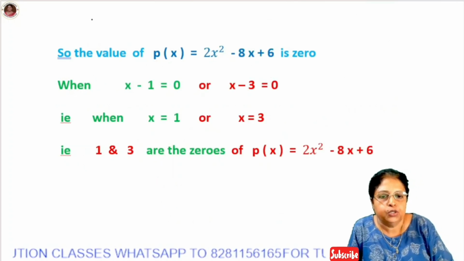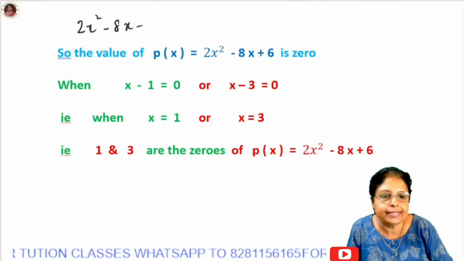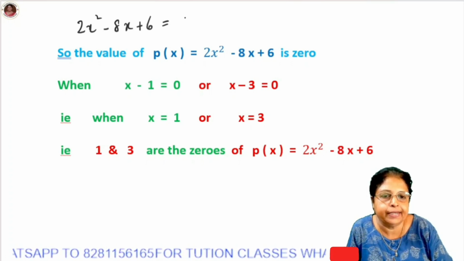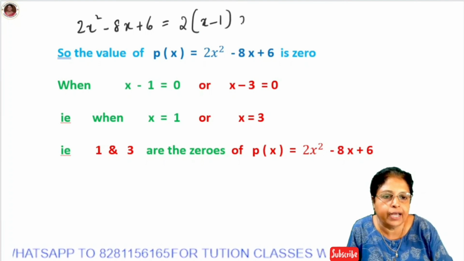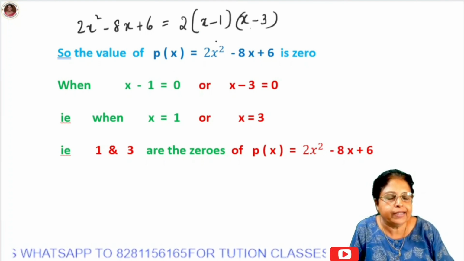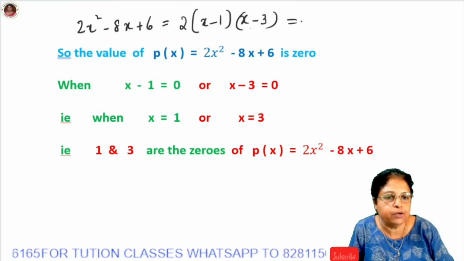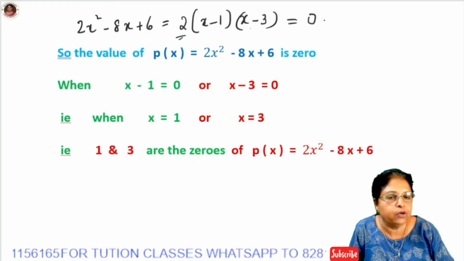That means 2x square minus 8x plus 6 can be written like this: 2 times x minus 1 times x minus 3. Then we want to find the 0 of this. So this is equal to 0 means here you can see 2 cannot be equal to 0.